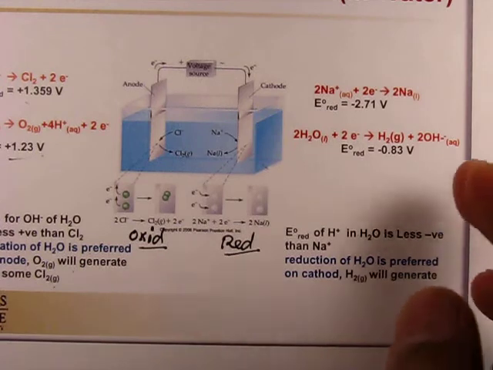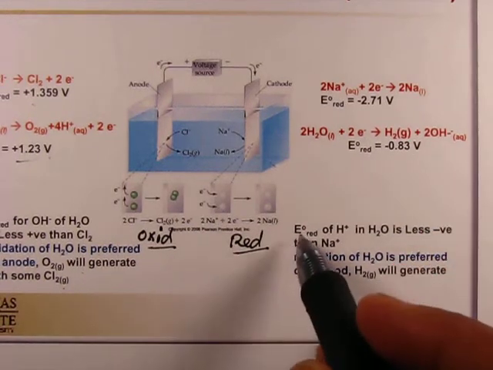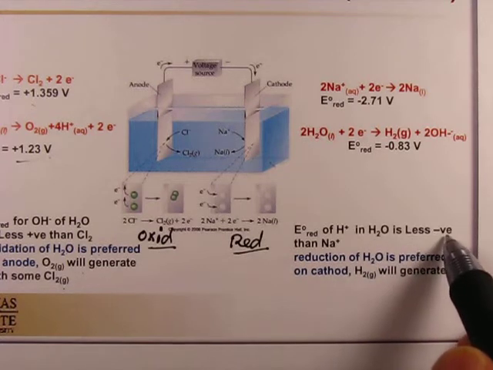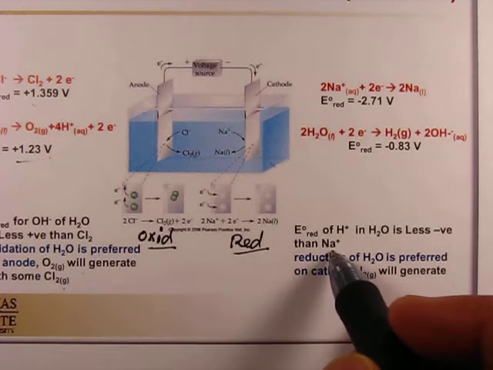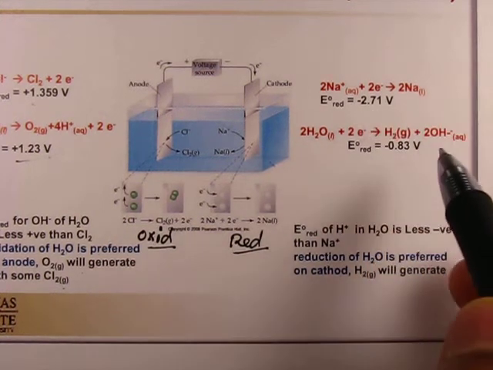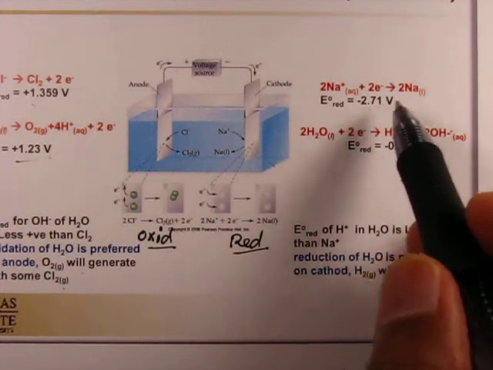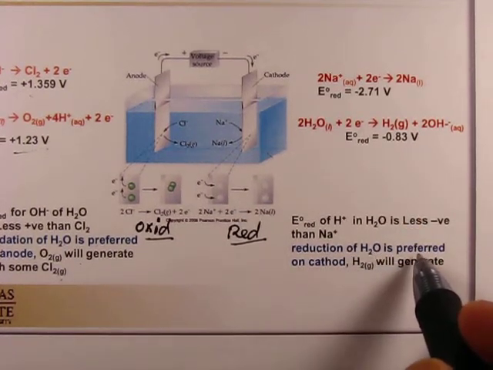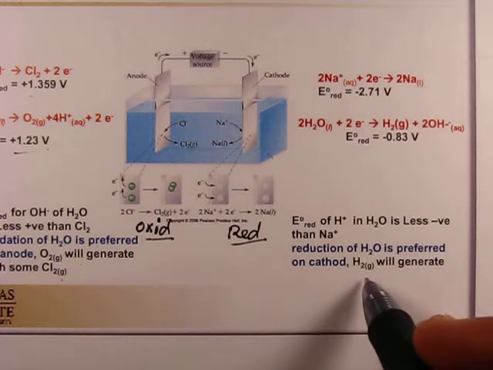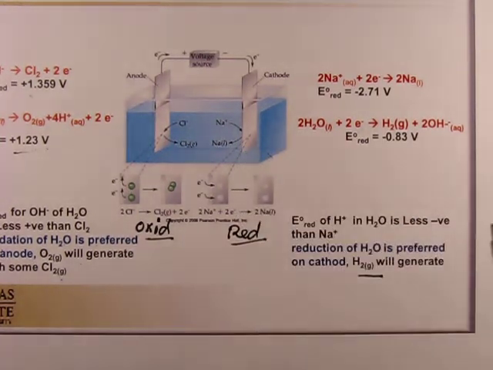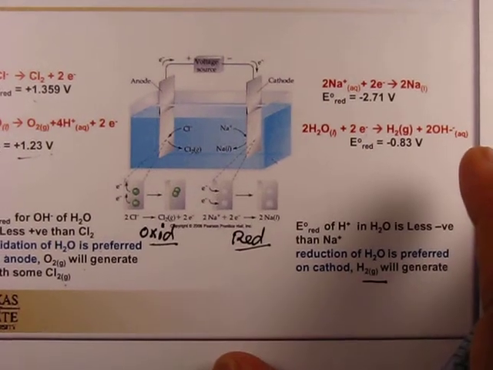So what is the result here? The reduction potential of water is less negative than that of sodium, so it is a bigger value. Therefore, reduction of water is preferred at the cathode to generate hydrogen gas rather than sodium.